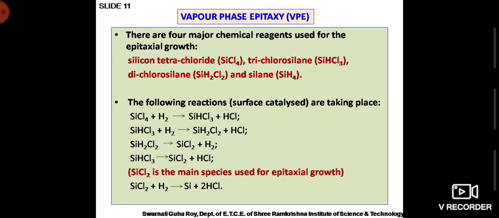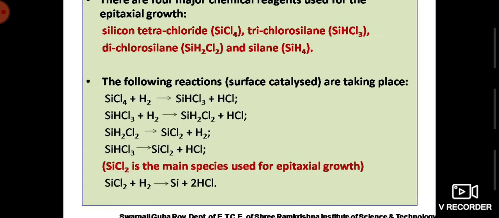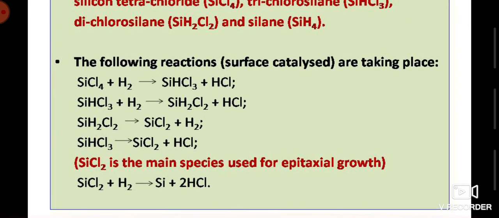Now, there are certain chemical reactions which will take place during the epitaxial growth process, and these chemical reactions will finally help us to obtain the silicon epitaxial layer. You can see the first equation where silicon tetrachloride reacts with hydrogen. As I already told you, the temperature inside the reactor is high, and under such a high temperature, the hydrogen gas, which is the carrier gas, reacts with silicon tetrachloride, SiCl4.